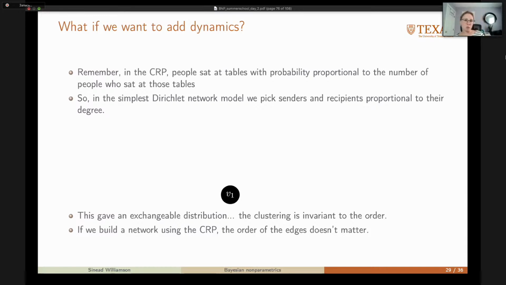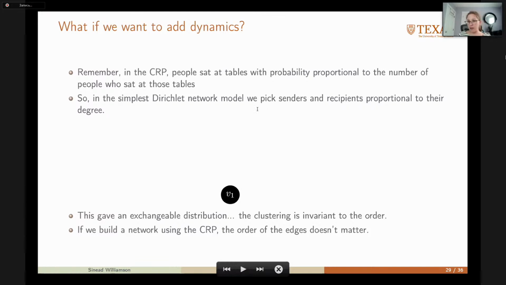So in that case, we're picking senders and recipients with probability proportional to their degree. So let's say I first pick the first one as my first sender. Then I'm either going to pick that node again, or I'm going to pick a new one. Let's say I pick a new one. Those are my first sender and recipient, so I stick an edge between them.